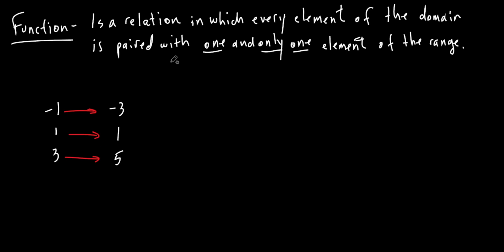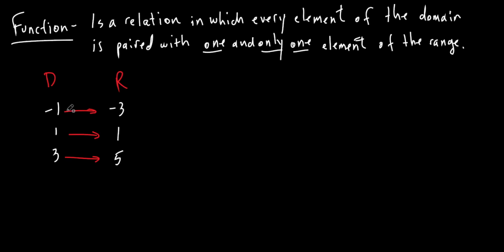Now, let's look at the definition. We want to decide, is this a function or not? So it says every element of the domain. Which one's the domain? Right, it's the first ones. That would be the domain, and in a mapping diagram, this would be the range. It says, every element of the domain is paired with one and only one element of the range.